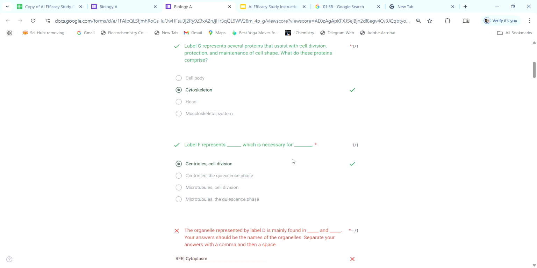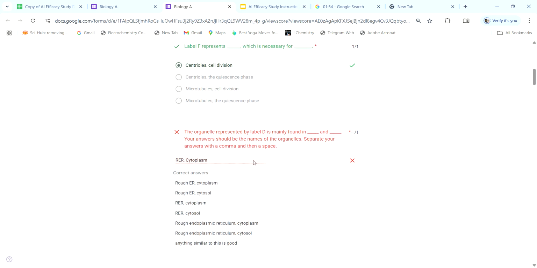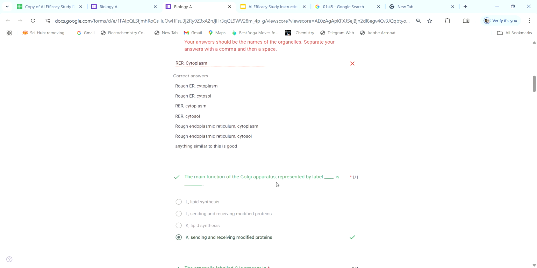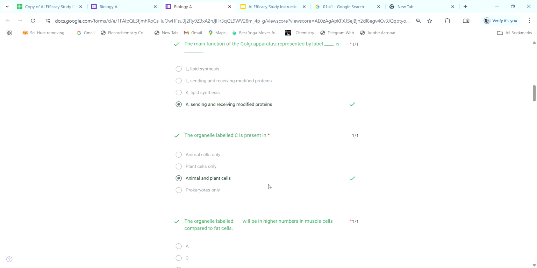This is actually the correct answer because RER means rough endoplasmic reticulum and it remains in the cytoplasm. So this should be the correct answer. Next is correct. Organelle labeled C is also correct, and H is also correct.